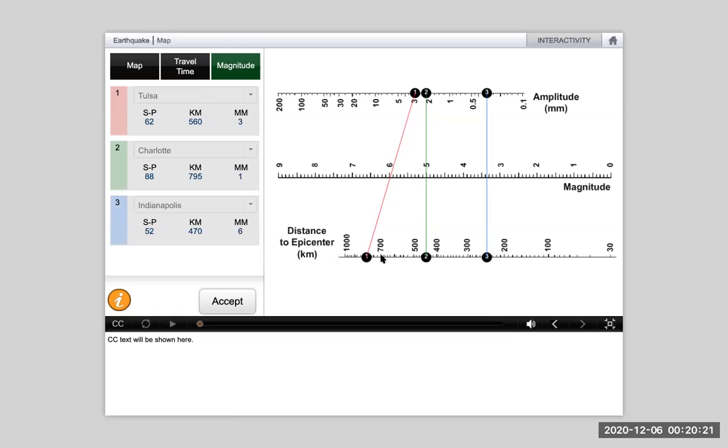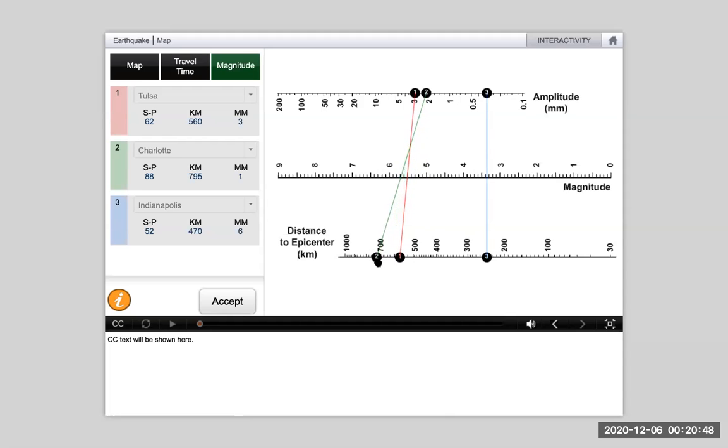Now the scale here is a little bit funky and not the easiest to read, so you have to make a bit of an estimation. That's 500 there, 700 there. We're looking for 560. I assume this is 600 here, so I'm going to put 560 there. Now for Charlotte, 795.